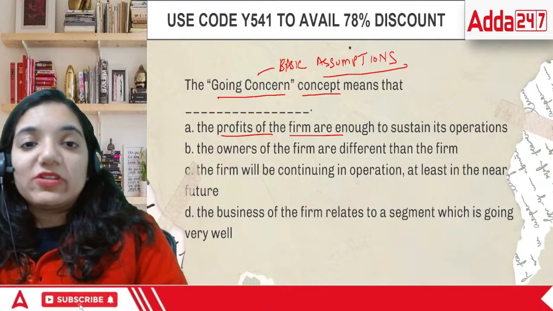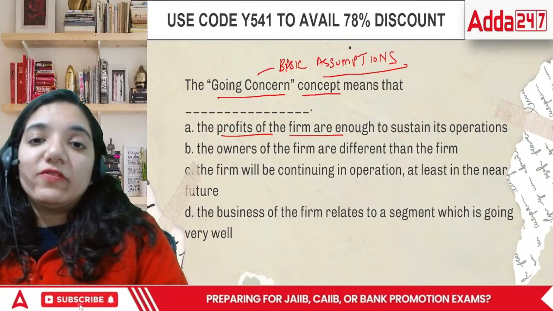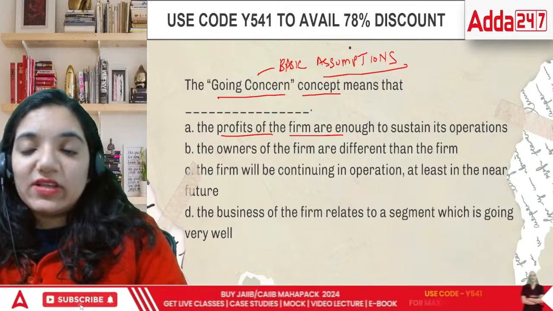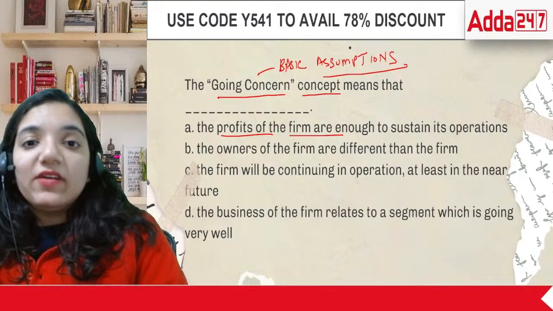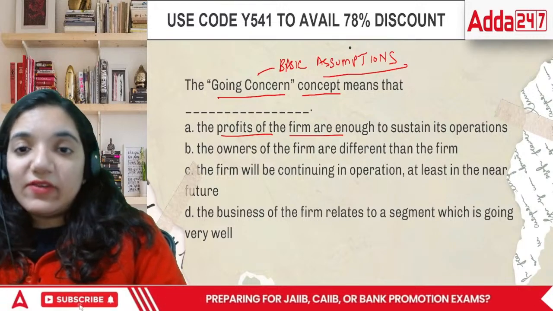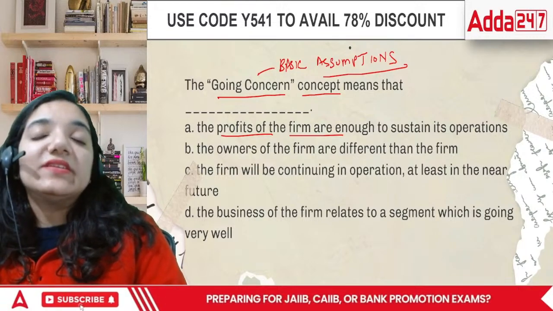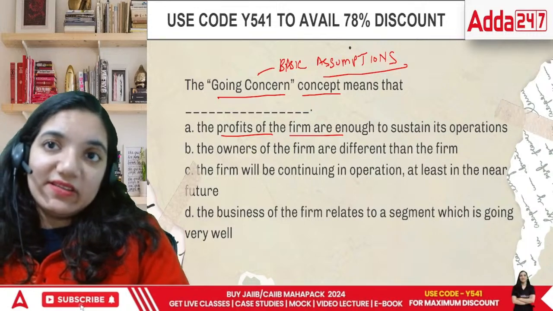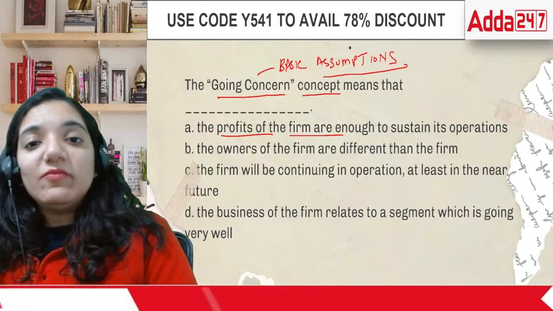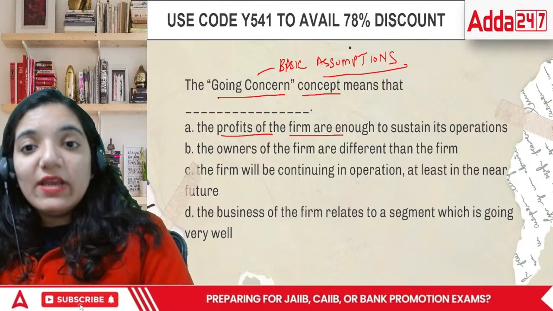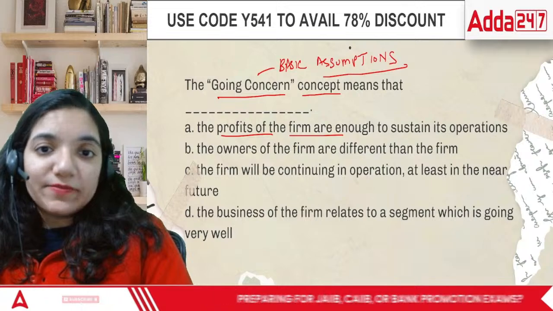Okay, let's talk about the options first. The profits of the firm are enough to sustain its operations. There is nothing that says it is enough. The owners of the firm are different than the firm. This is the business entity concept, where business and owner are two different points. The firm will be continuing in operation at least in the near future.